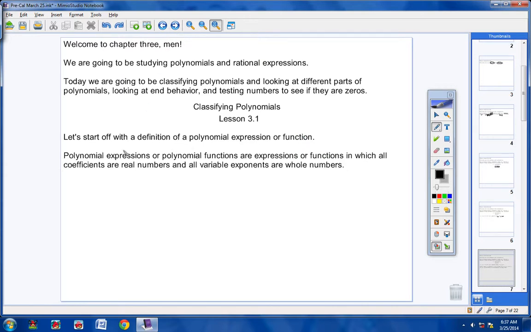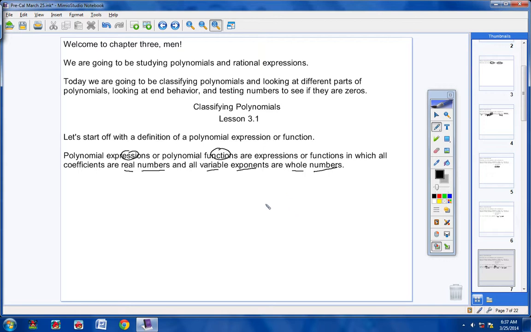No big deal there. Okay, polynomial expressions or functions are expressions or functions, now listen, in which all coefficients are real numbers, no imaginary numbers, and all of the exponents of the variables are whole numbers, okay? Now think what a whole number is.